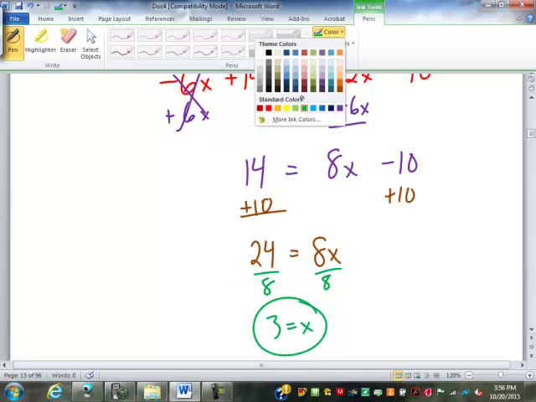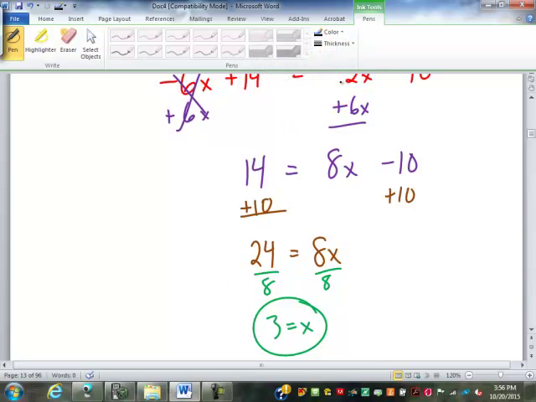How many of you had 3 equals x? Good deal. We're up in the averages a little bit.